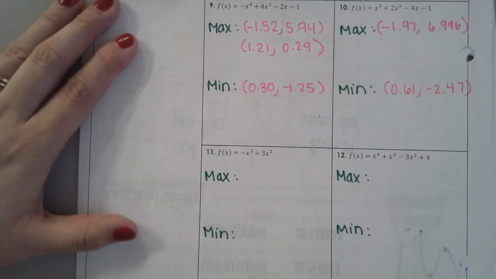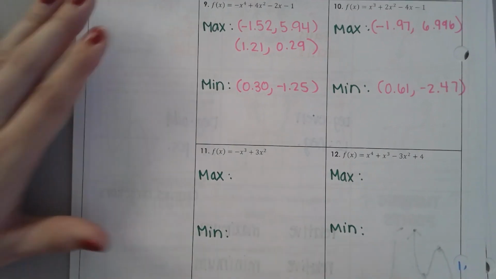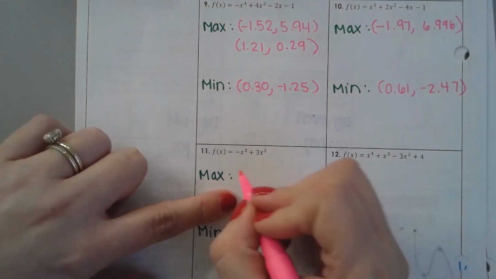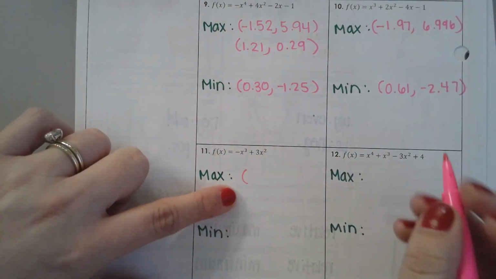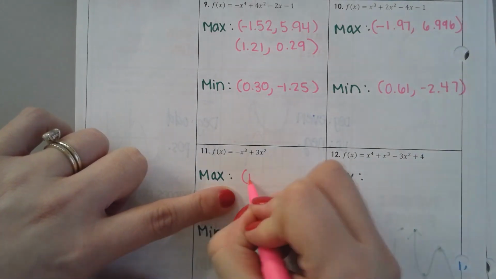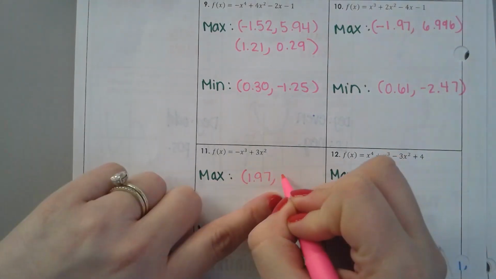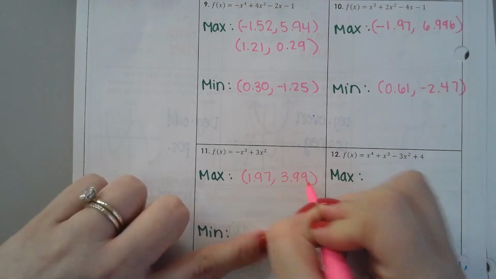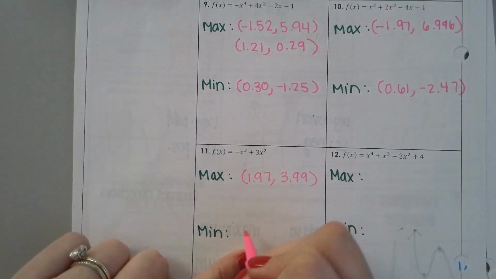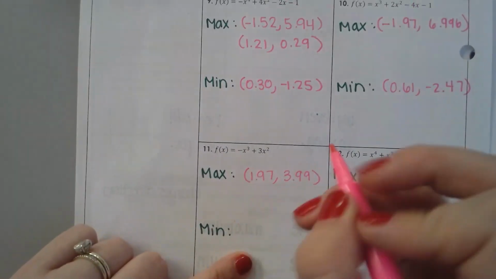Now somebody that did 11 and 12, or did 11, what'd you get for your max? 1.97, and then my y is 3.99. Okay. And what'd you get for your minimum? I got 0, 0. Okay.